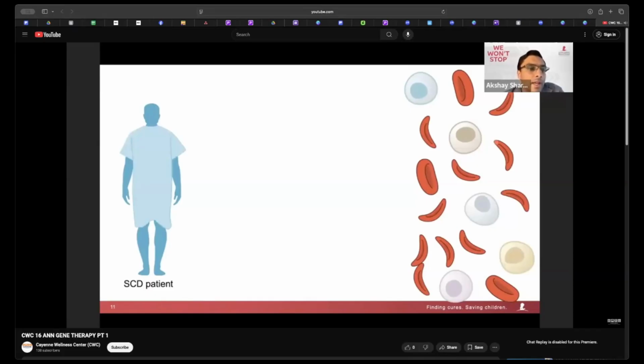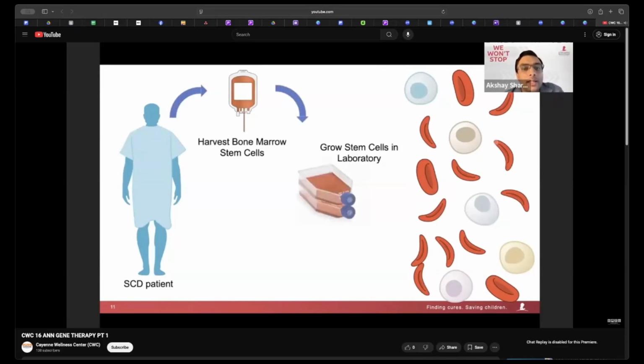In gene therapy, instead of finding a donor, we actually collect stem cells from the patient himself or herself. We then take these cells to the laboratory where we use either a lentiviral vector or CRISPR-Cas9 protein to genetically modify these cells.